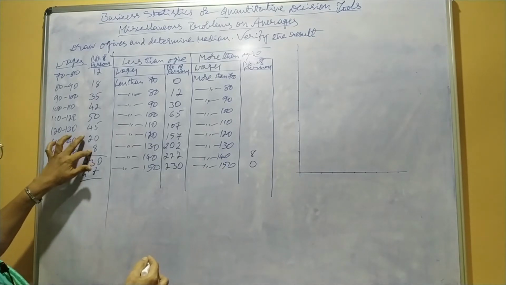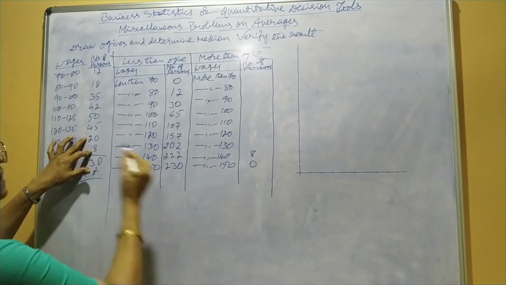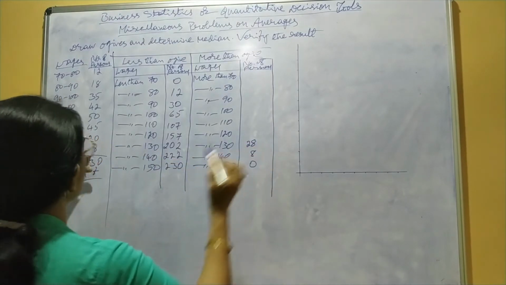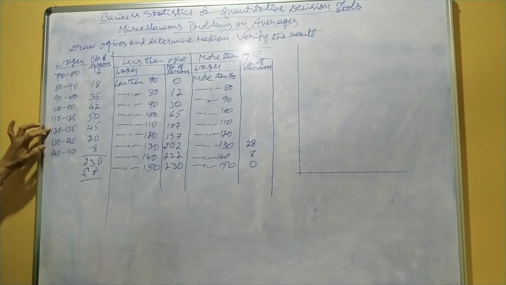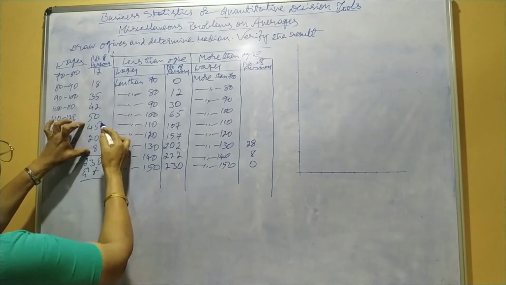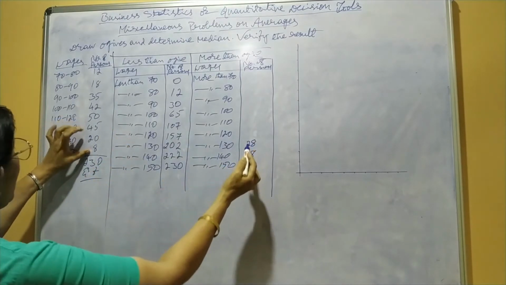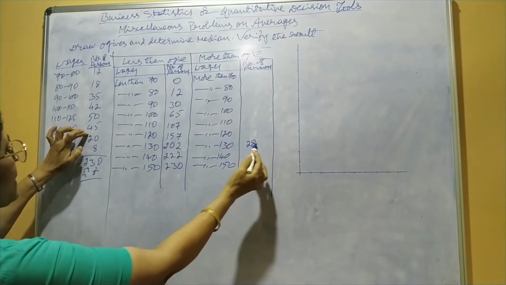That means we have to take the cumulative. 8 plus 20, 28. Then more than 120 means it includes more than 120, more than 130, more than 140. Here means total of all these three. We have taken already 8 plus 20, 28.